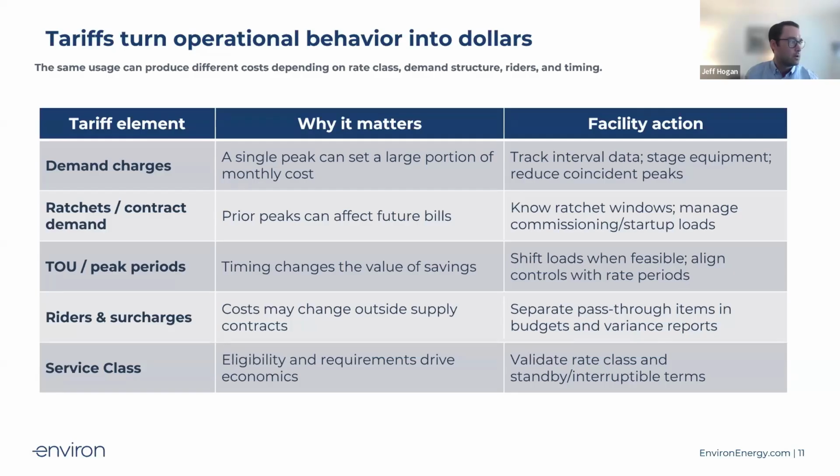And similarly for contract demands, a lot of large electrical services will also have contract demand. If you have on-site generation, the utility needs to know how much energy it's going to need to provide to you. An implication of that, a use case, is a customer has a cogen plant that has an unexpected outage.